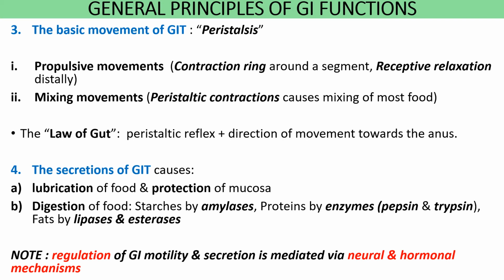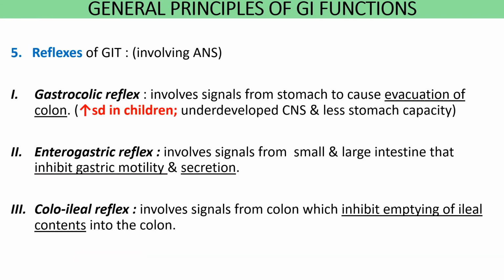That is, the secretions will contain various digestive enzymes like amylase, which digests starch and carbohydrates, the enzymes which digest proteins like pepsin and trypsin, and lipase and esterases that will digest the fat component of the food.